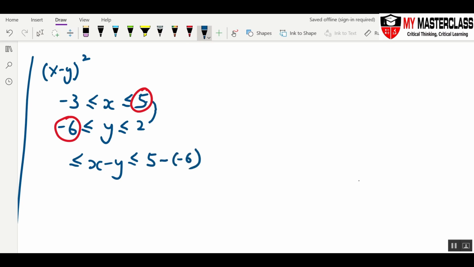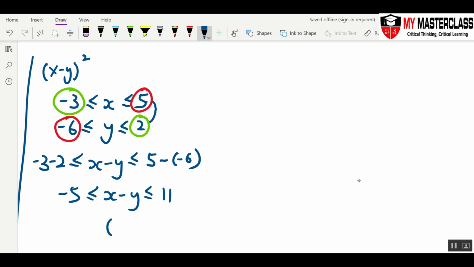If I want the smallest value of x minus y, I will take the smallest value of x minus the largest value of y. -3 minus 2. So x minus y is in between -5 and 11. But if I square it, x minus y squared will be in between -5 squared and 11 squared.